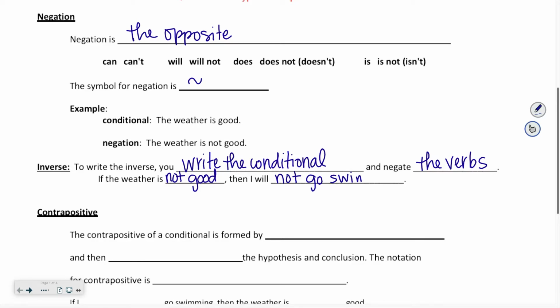You can't change what it says, you just change the verbs. So like on the example negation, you can't say like the weather is bad. Right, just change it to, like, if I go to Jackson Prep, then I will wear a hoodie. Then you would change it to, if I do not go to Jackson Prep, then I will not wear a hoodie.